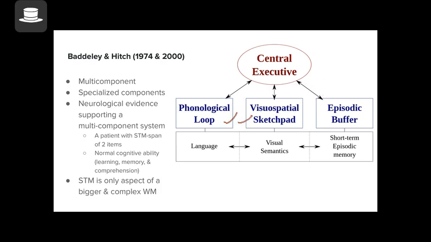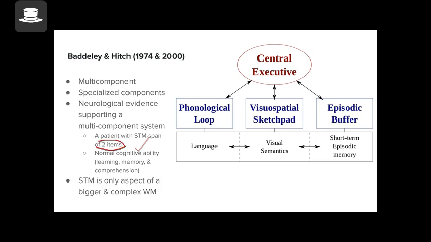Now, before we talk about the individual components in specific, I just wanted to give you an idea that there was already neurological evidence supporting this multi-component model. One piece of evidence came from a particular patient who had a short-term memory span of two items.